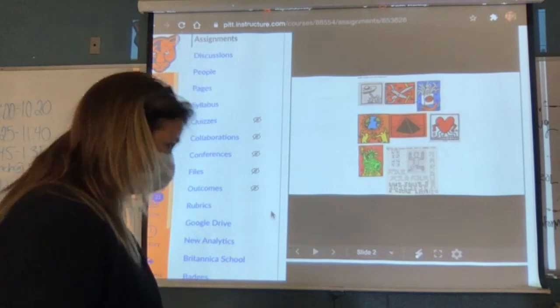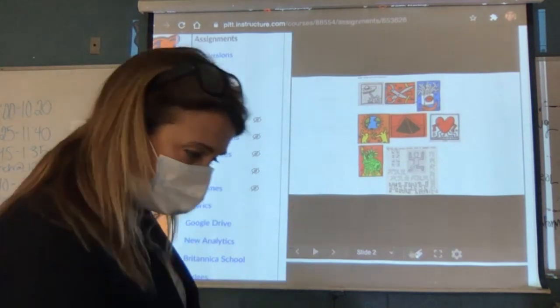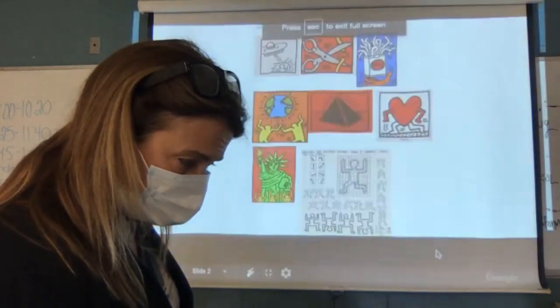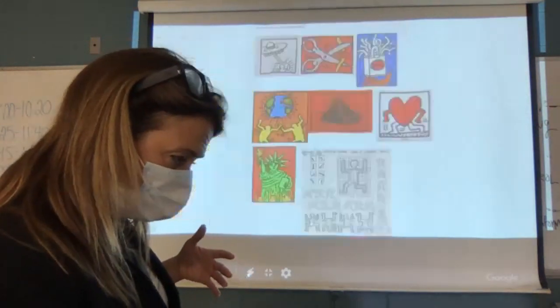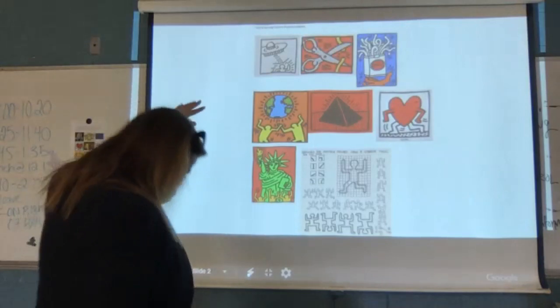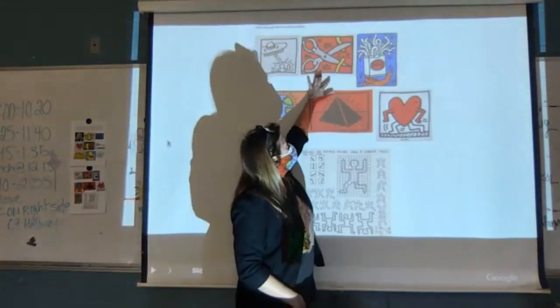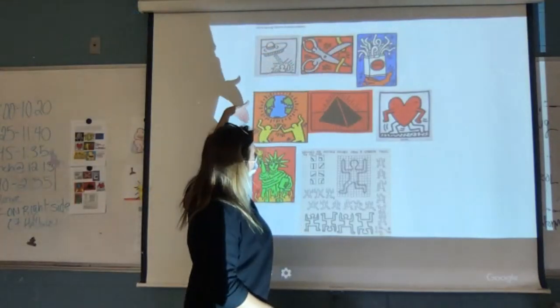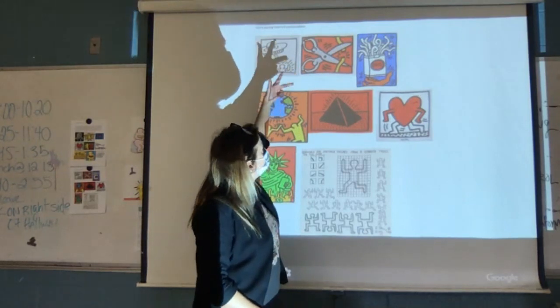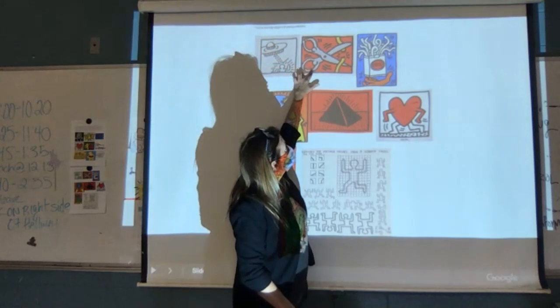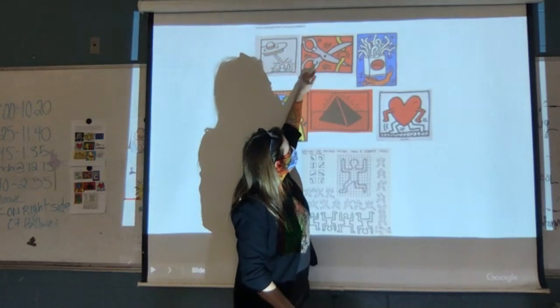Keith also used these scissors a lot, meaning cut something out, and he would use various things. He used a snake a lot for HIV, like for a disease. So we did a lot of stuff with scissors. And if you notice, these scissors actually are a human form, which is kind of cool.